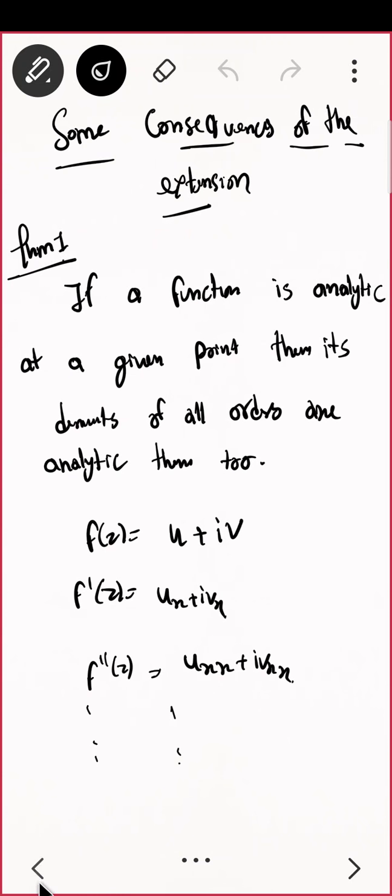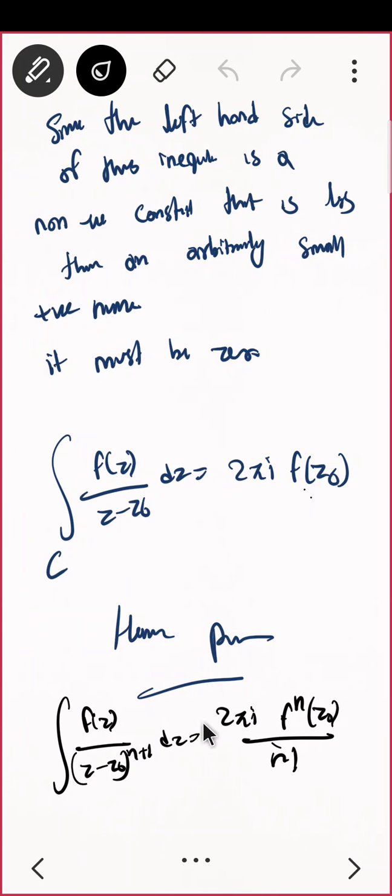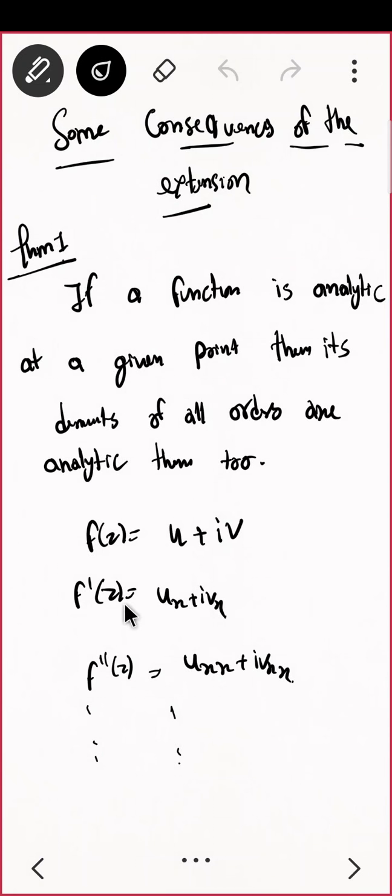And that is as simple as that. See, from the extension of Cauchy integral we got that the nth derivative is possible. If it is nth time differentiable, that means I can write it like this: f dash, f double dash, and everything ux, uxx, vxx. And what is that called? Cauchy-Riemann equation.